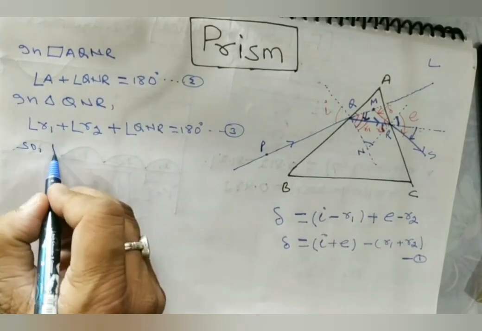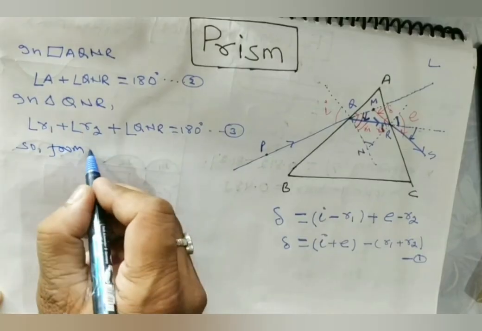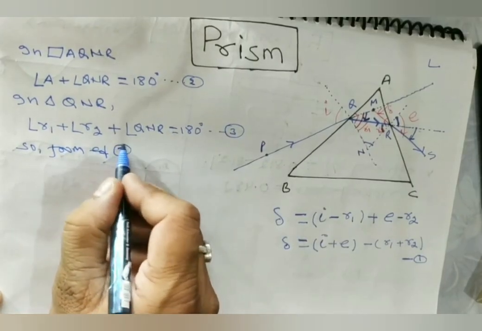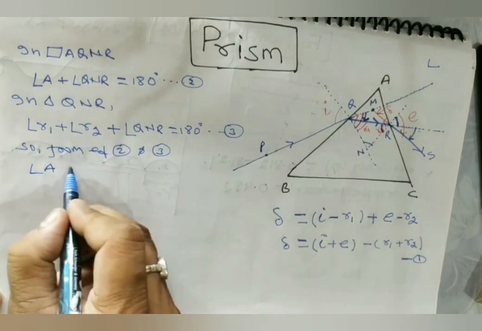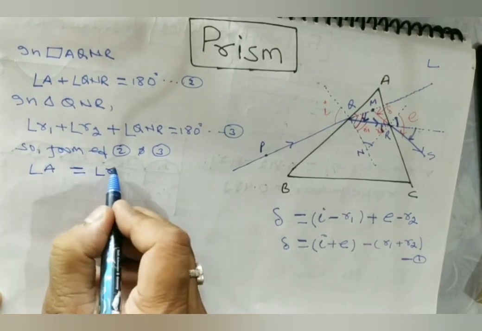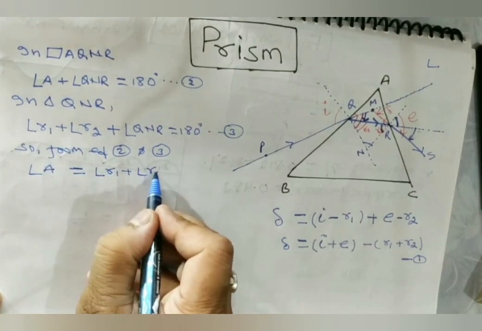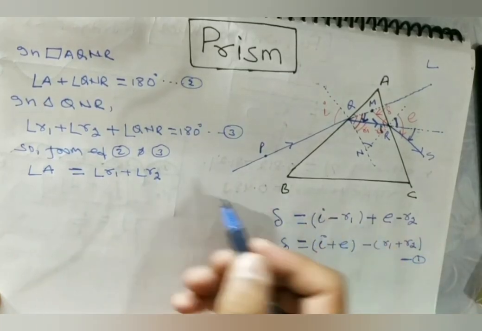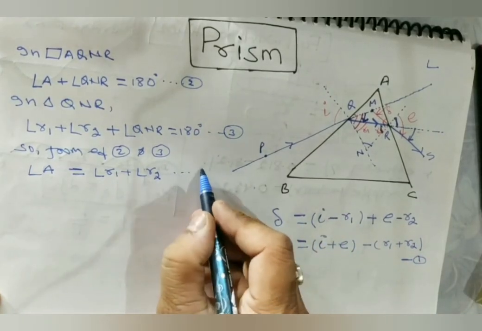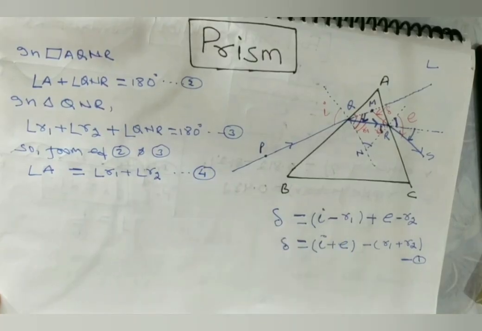So from equations 2 and 3, angle A equals angle R1 plus angle R2. Let's call it equation number 4.